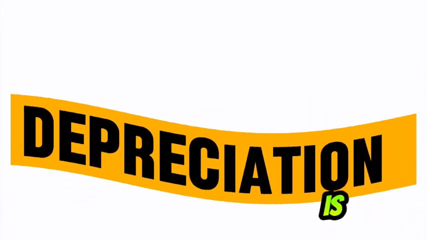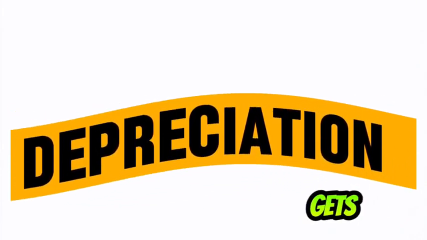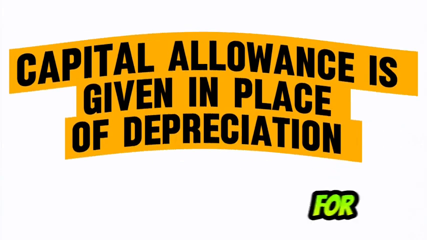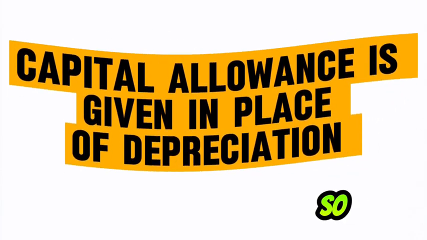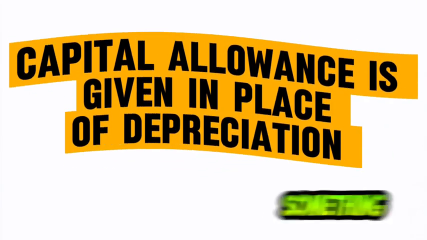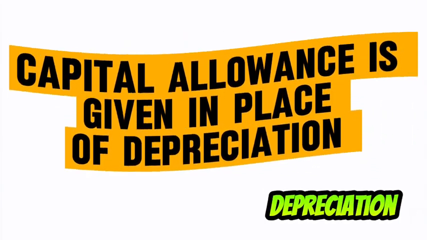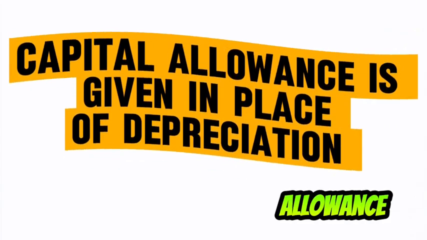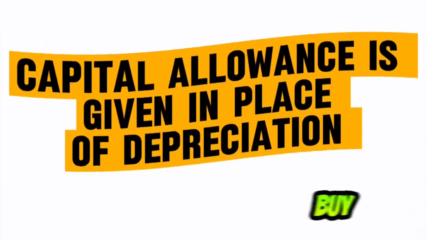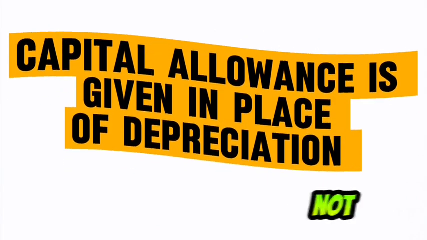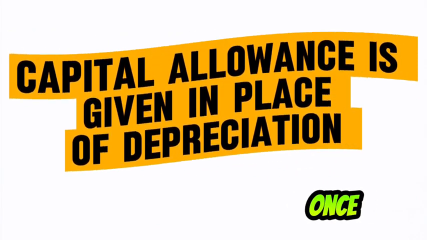And the reason for this is that the company gets capital allowance for that asset. So depreciation is not allowed, but something is given in place of depreciation, which is capital allowance. For example, you buy a capital asset, you are not allowed to remove the costs at once.